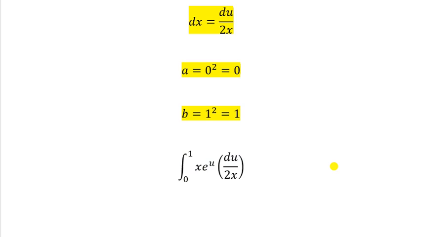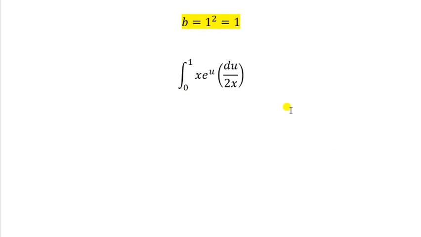Okay, so this is the integral we need to solve. But in order to solve this integral, we need to have only u in it. So we need to get rid of this x. Since these x's are being divided, we can get rid of them.